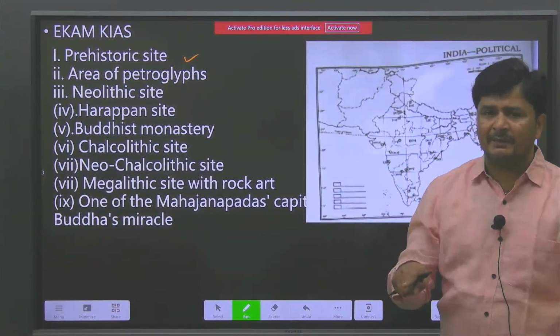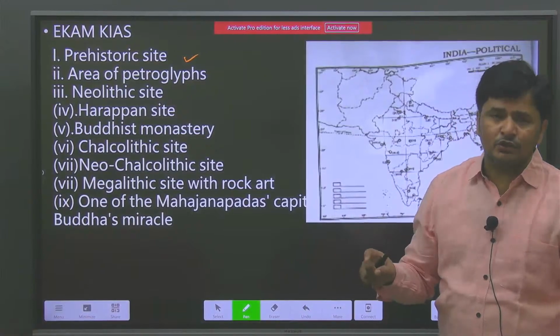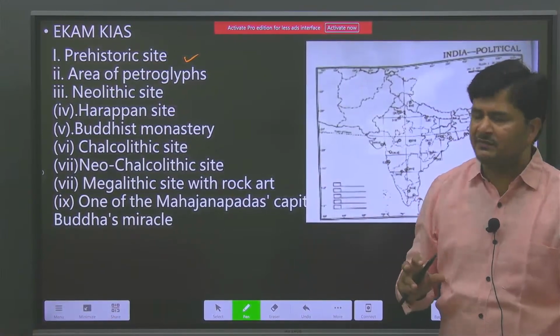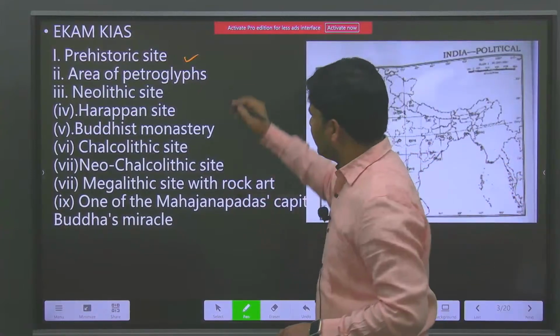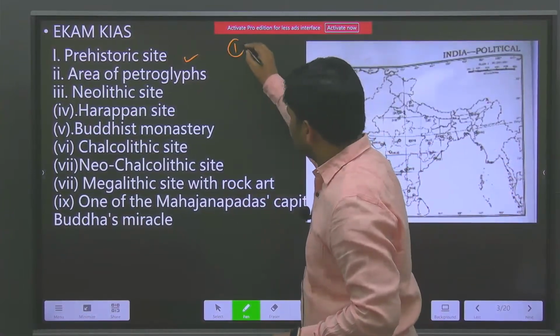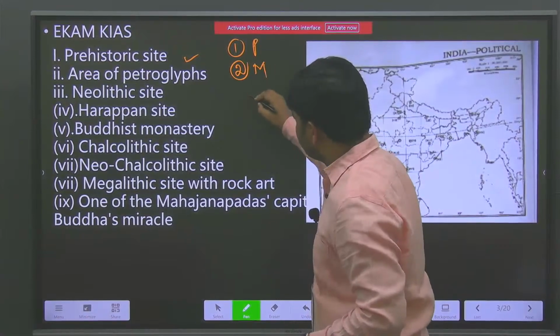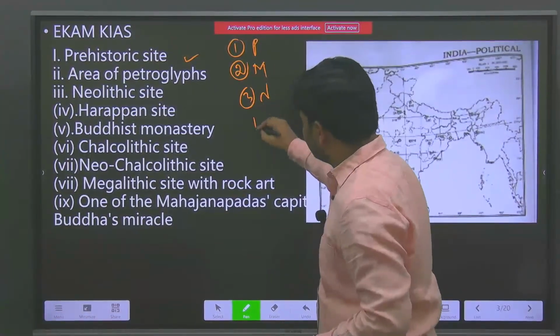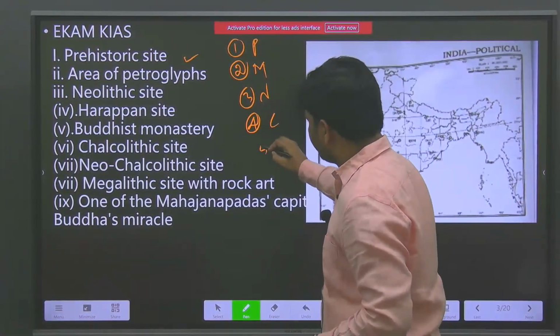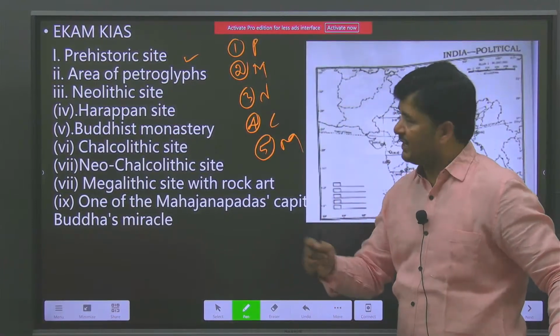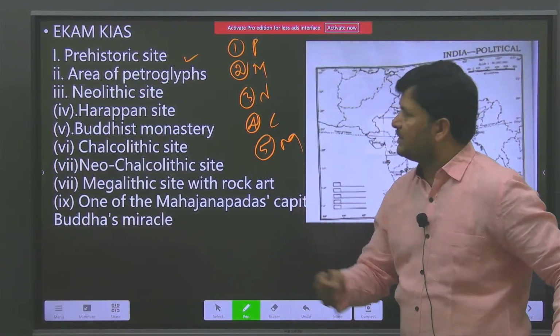Now, based on tool making technology, prehistory got classified into 5: Paleolithic, Mesolithic, Neolithic, Chalcolithic, and Megalithic. One of these sites is to be written as the prehistoric site.